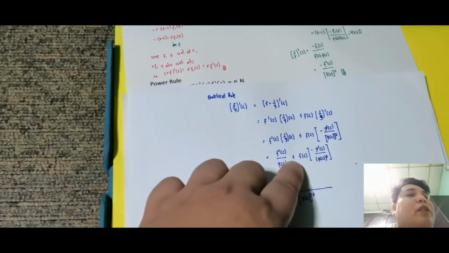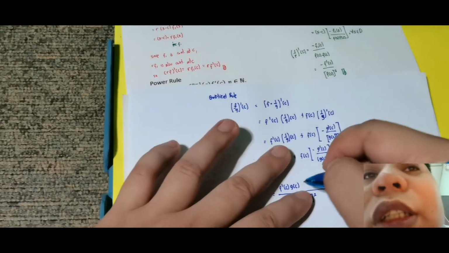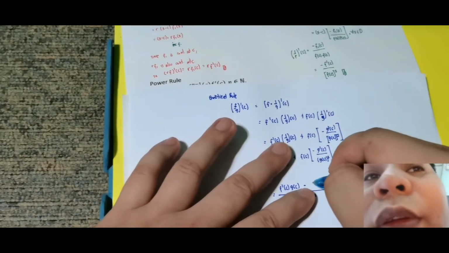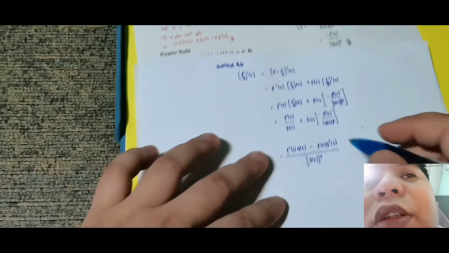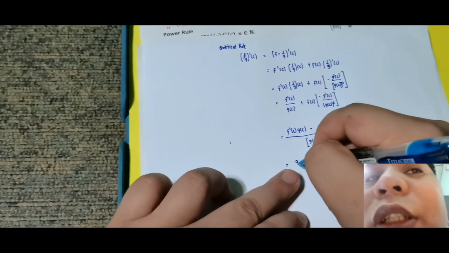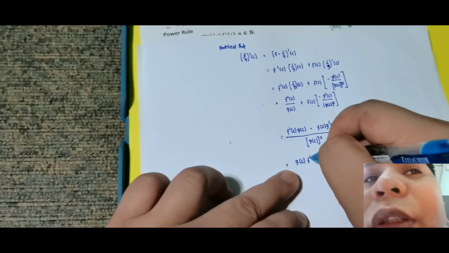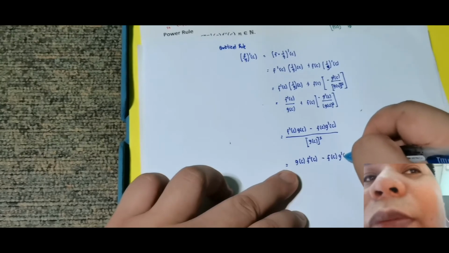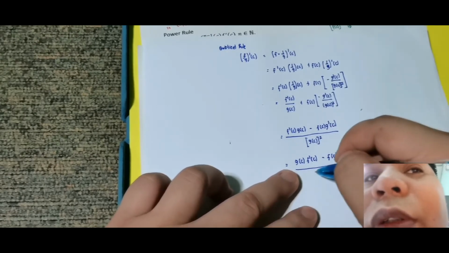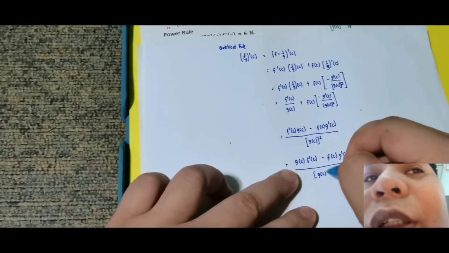Okay, then this is f of c, cancel lahat yung g of c. So this is just minus f of c tapos g prime of c. So ayusin ko lang konti. So this is just g of c, f prime of c, minus f of c, tapos g prime of c, all over g of c square.